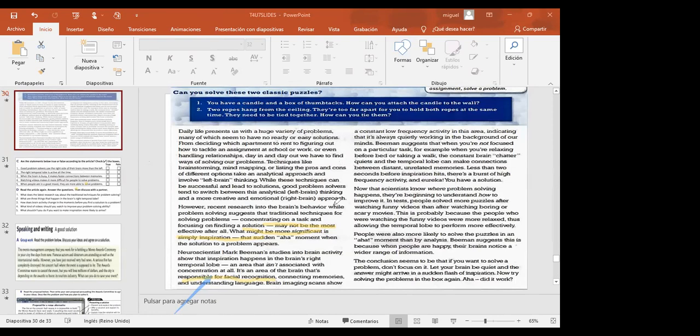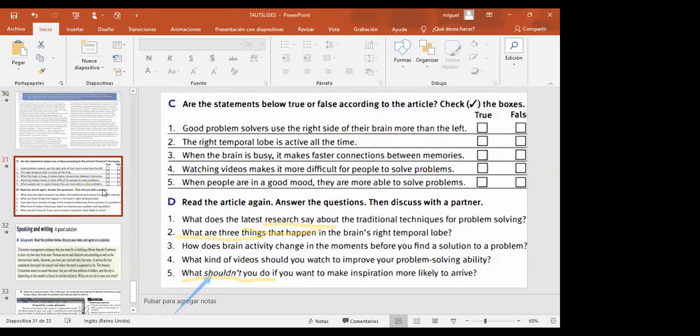Three things that happen in the right temporal lobe. Okay, that's number two. Yeah, because we found three.